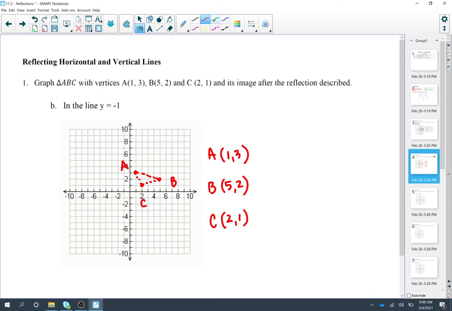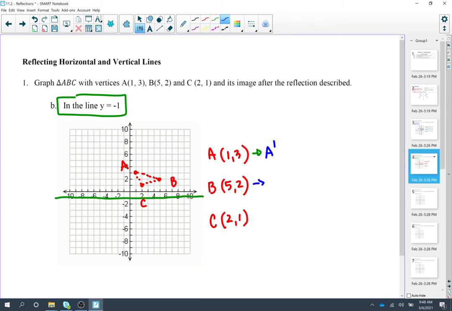Now, this time we are changing the line of reflection to y equals -1. Well, y and -1 are right here, so the line of reflection is going to be right here. So instead of reflecting from left to right like the last one, we're going to be reflecting from top to bottom because we have to reflect over that line.